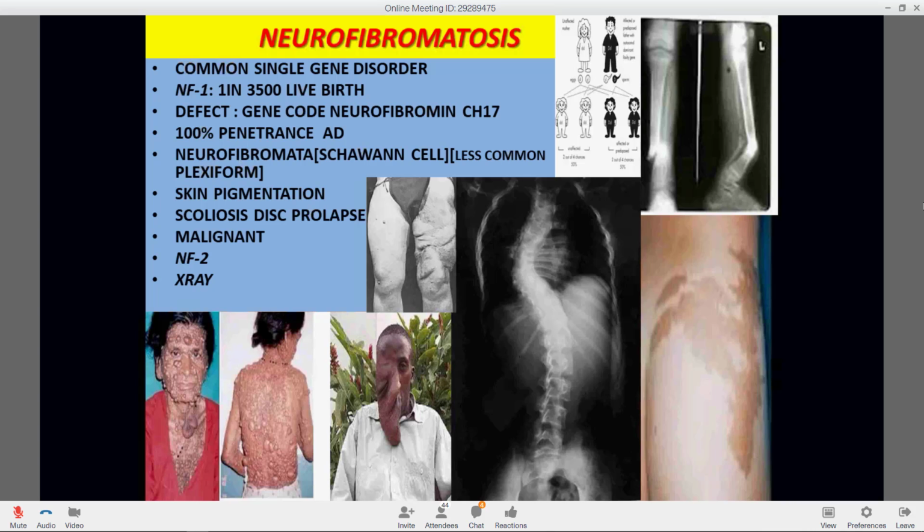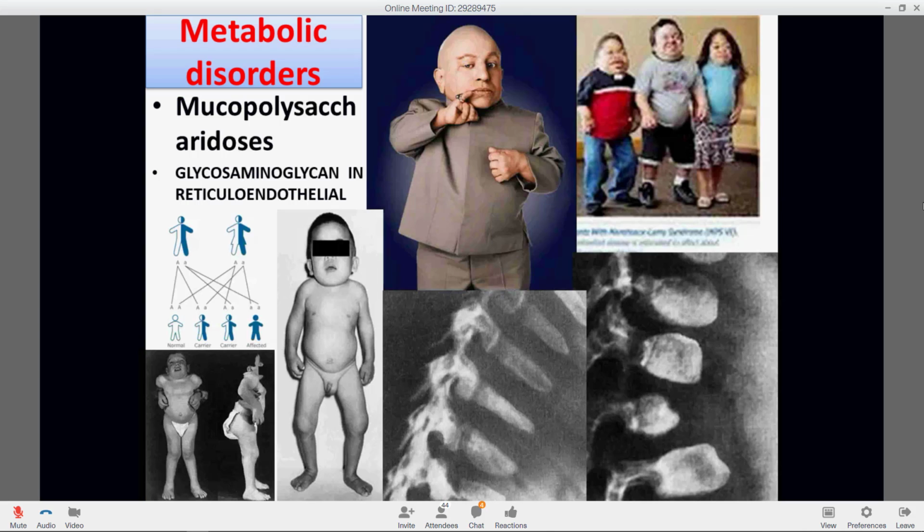Metabolic disorder, mucopolysaccharidosis. This is due to a defect in the enzyme responsible for the metabolism of glycosaminoglycan, so it will accumulate in the reticuloendothelial system.